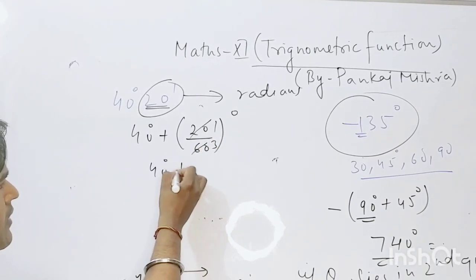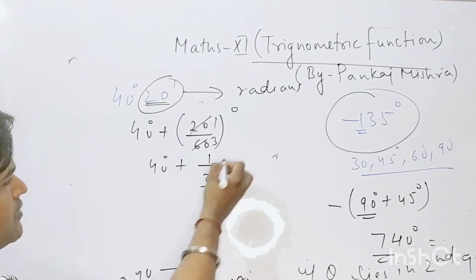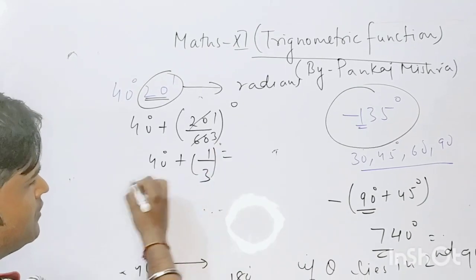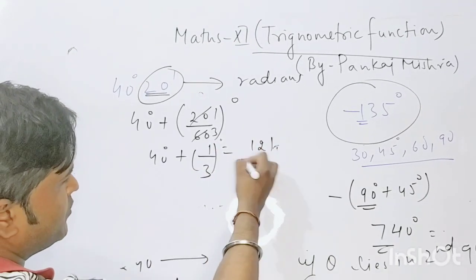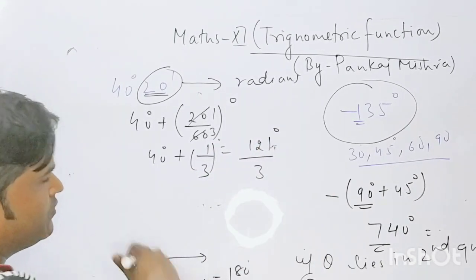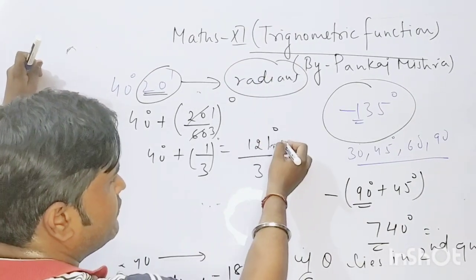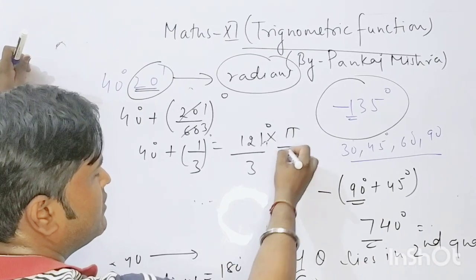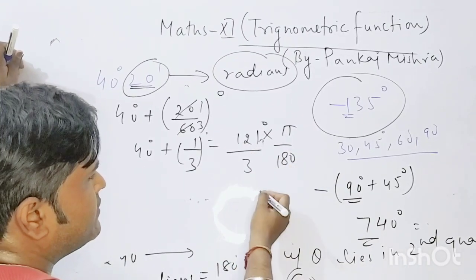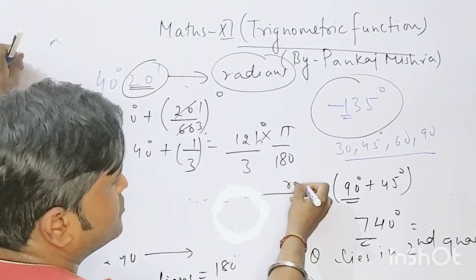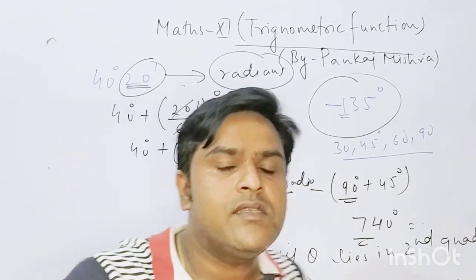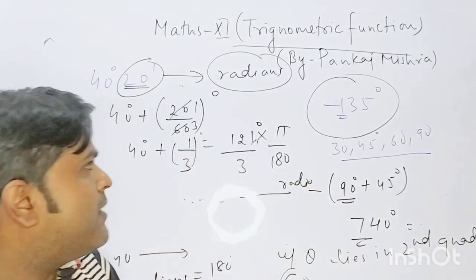So 40 plus 1 by 3, and taking the LCM, this becomes 121 by 3 degree. Now for changing into radian, again we multiply by pi by 180. We can simplify this and get the answer in terms of radians. This is how we proceed for this part.